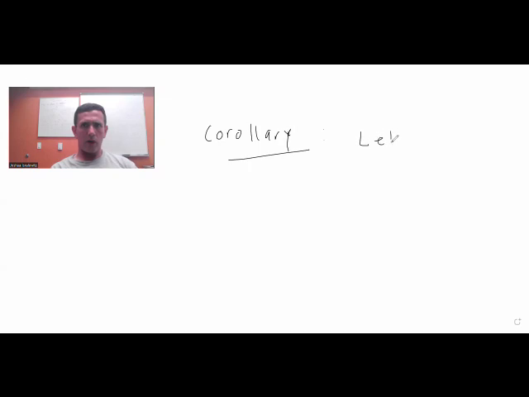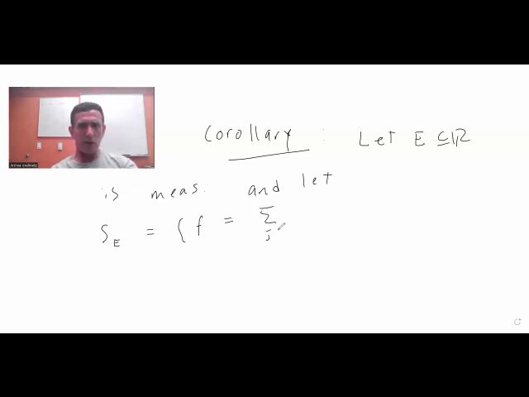So let's say E is measurable as usual. It could have finite or infinite measure, doesn't matter. And let's say S(E) is the set of step functions on E. What do I mean by that?